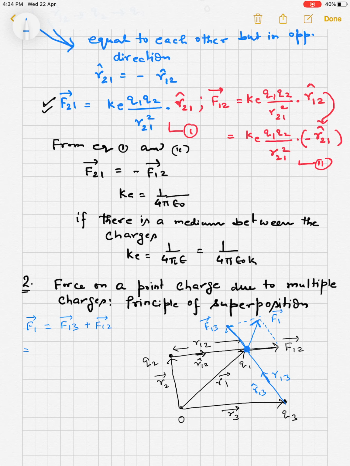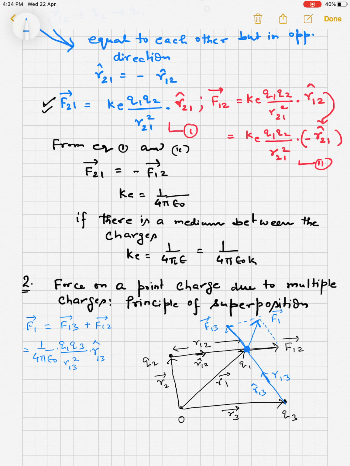Now let us try to write F13: 1 upon 4 pi epsilon naught, q1 q3 upon r13 square into the unit vector in this direction.